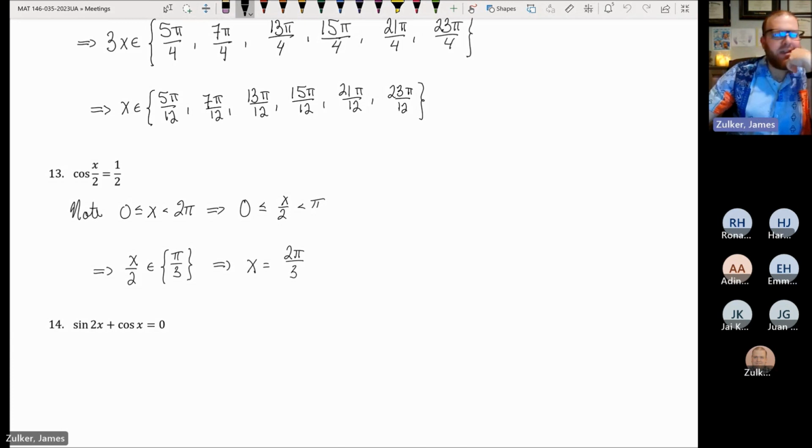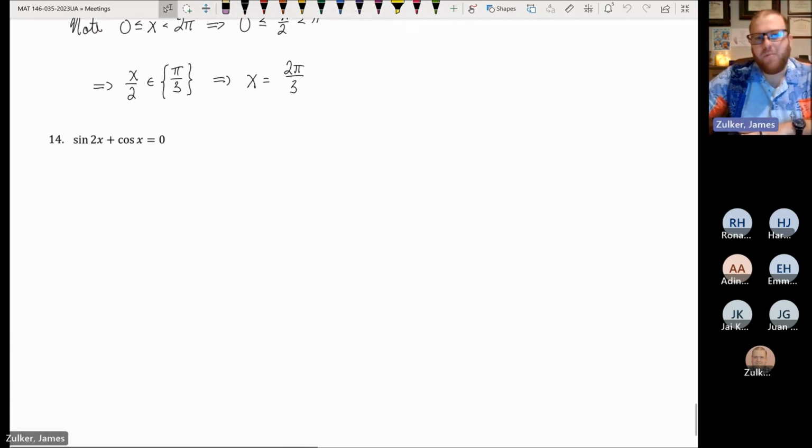Okay, so here we have a mixture. Sine of 2x plus cosine of x equals 0. All right, so what we're going to have to do here is either write both in terms of just x or both in terms of 2x. Well, the easiest one to do is to use the double angle identity on sine of 2x, right?